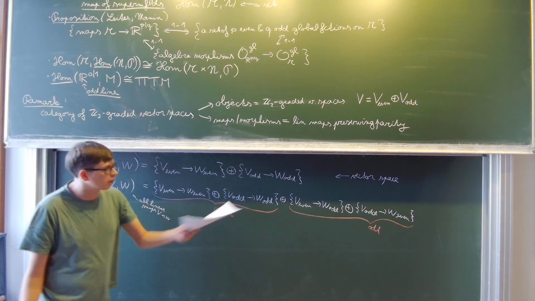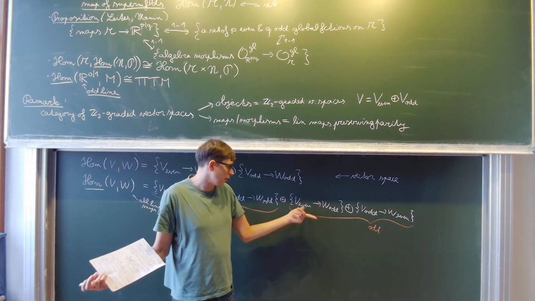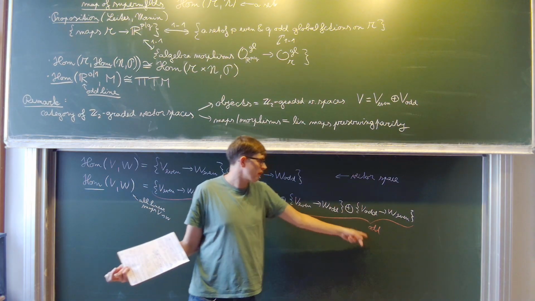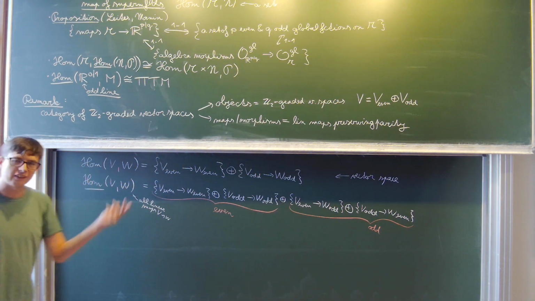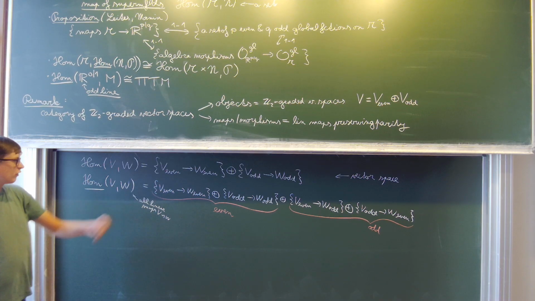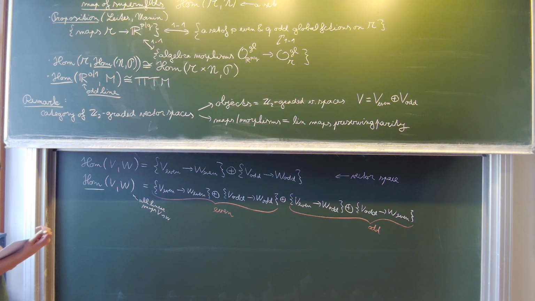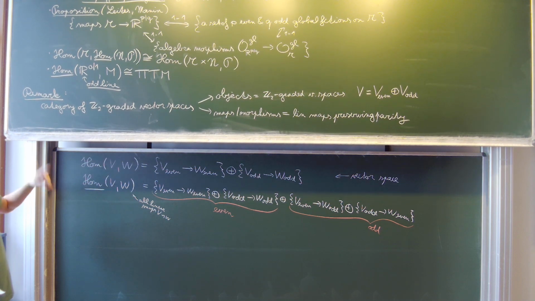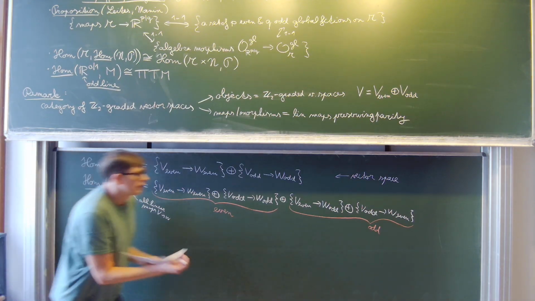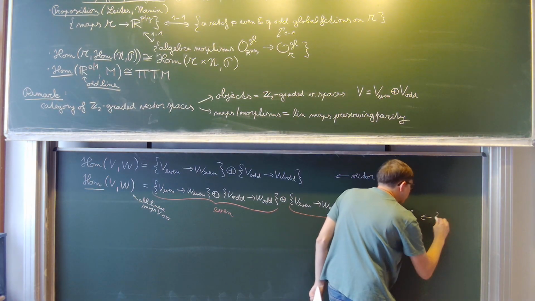And the way to remember that is, this thing changes the parity. It goes from even to odd, or from odd to even, so that's why it has internally a sort of odd character. And this is even. I think this is maybe an easy way to illustrate these internal homs in general. Also notice that the even part of this is now a Z2 graded vector space.